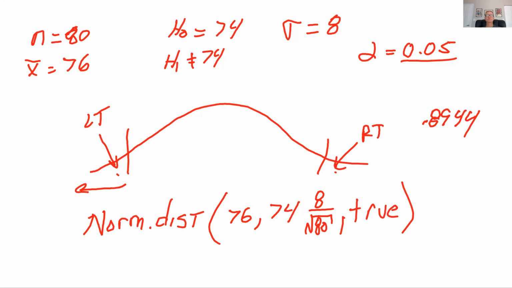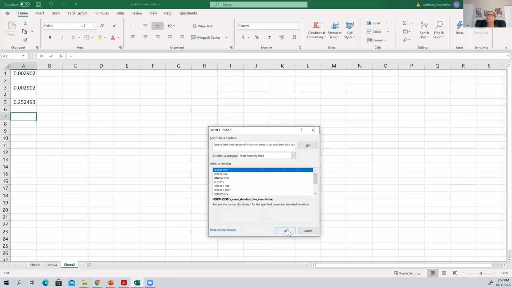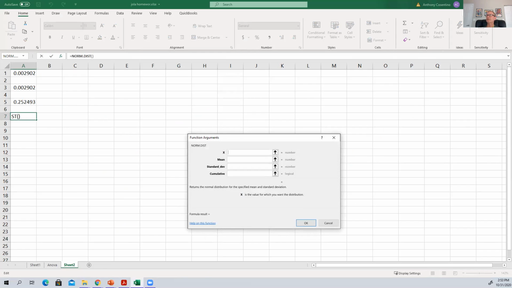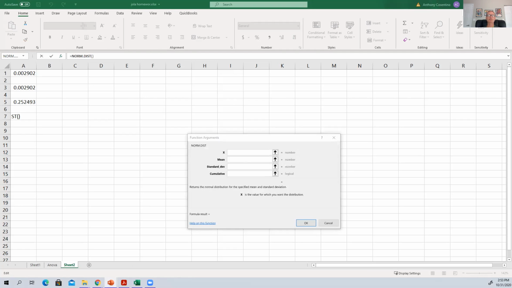And so the spreadsheet here would be norm.dist. And you know what? I need the numbers. So let me move this to my other screen so I could actually type the right numbers in. I haven't memorized them. So our X value here is 76.